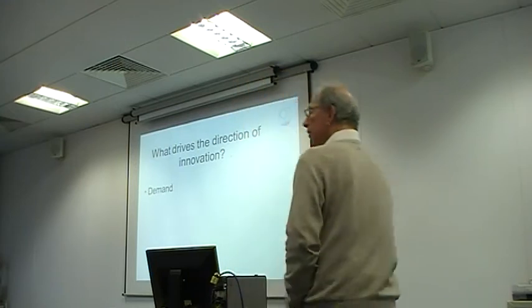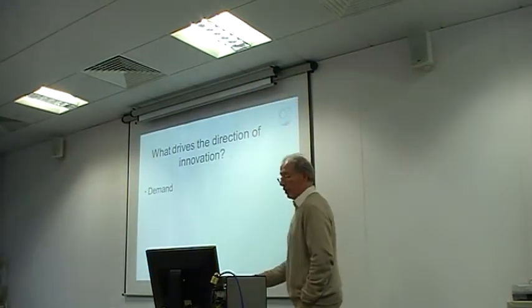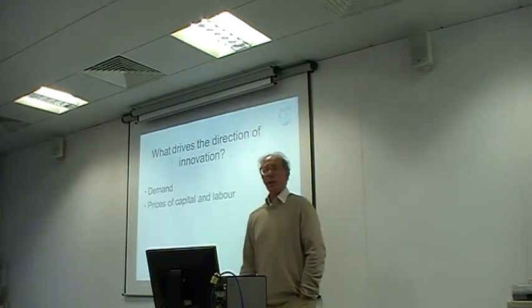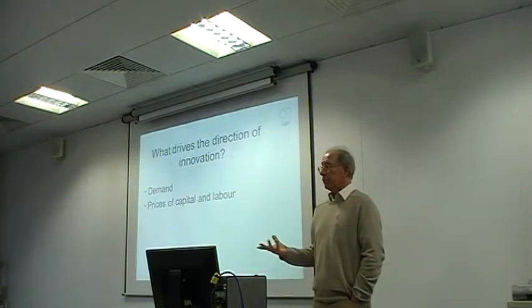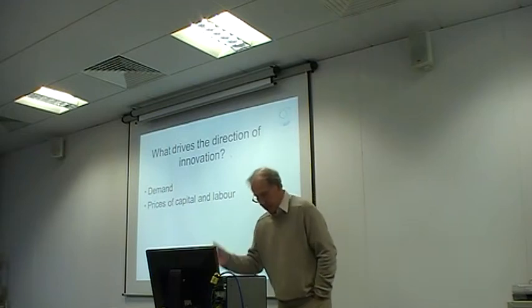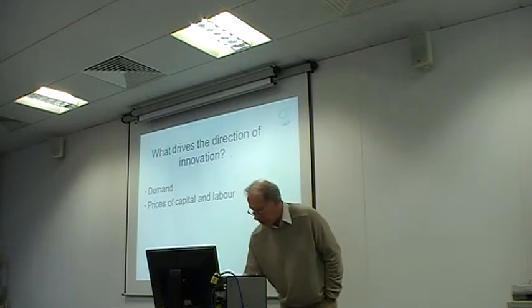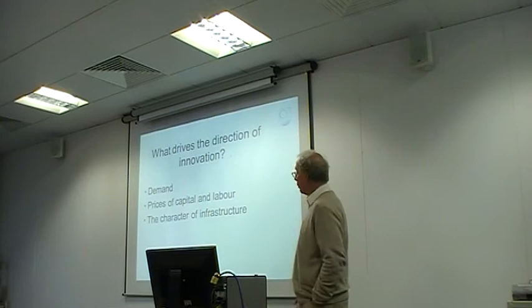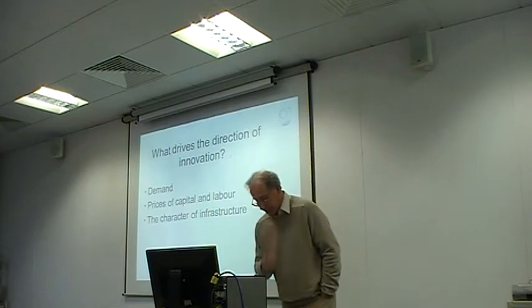Most of the economic literature on the inducements of technological change is on the prices of factors of production, allocating decisions. How much does capital cost? What are wages like? And in intelligent versions, what's the nature of infrastructure, which I think is an important part, although you don't find it in the text.